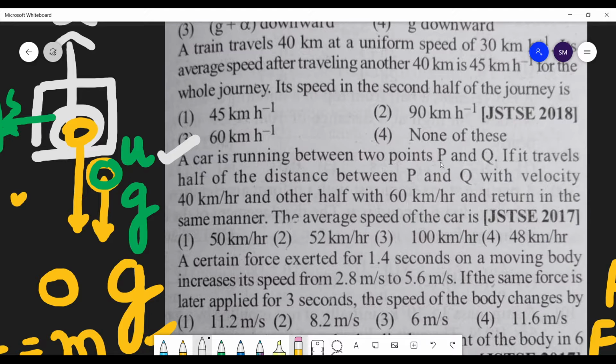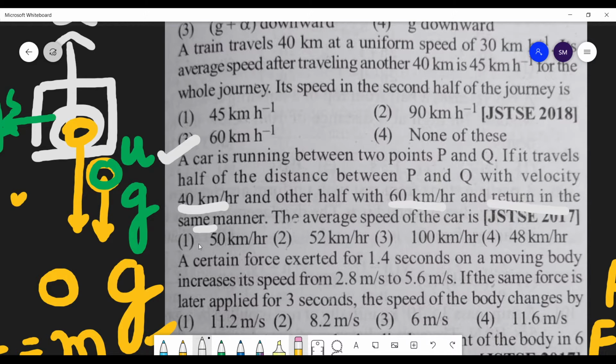A car is running between 2 points P and Q. If it travels half of the distance between P and Q with a velocity of 40 km per hour and the remaining half of the distance with 60 km per hour, and returns in the same manner, what is the average speed of the car? Sir, 48 kilometers per hour.